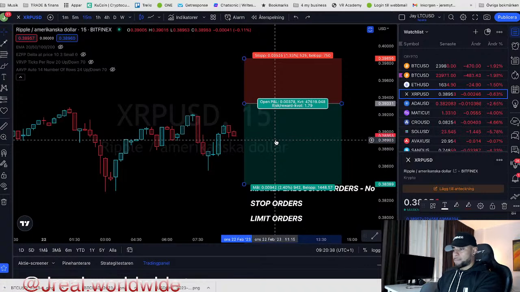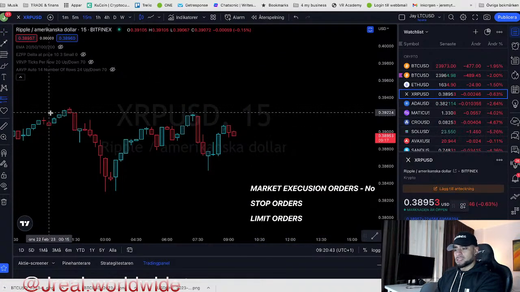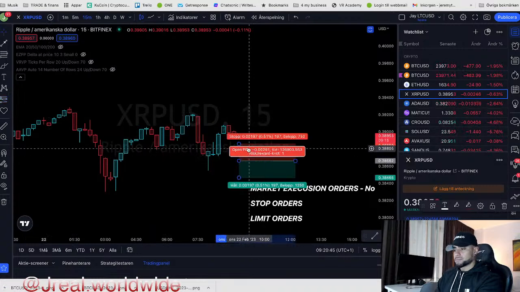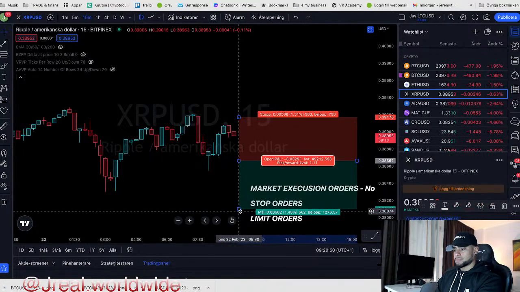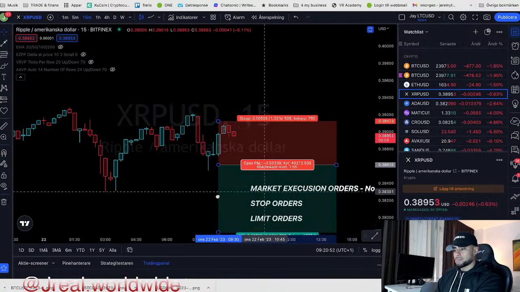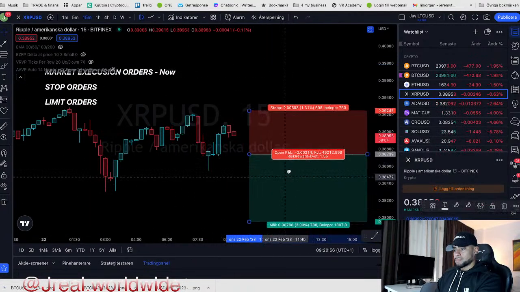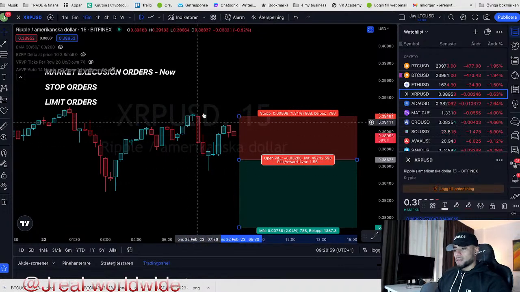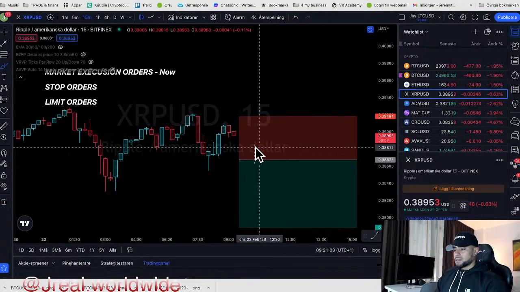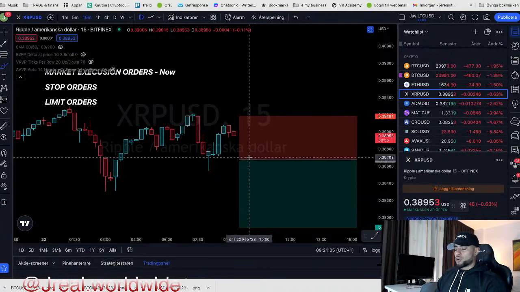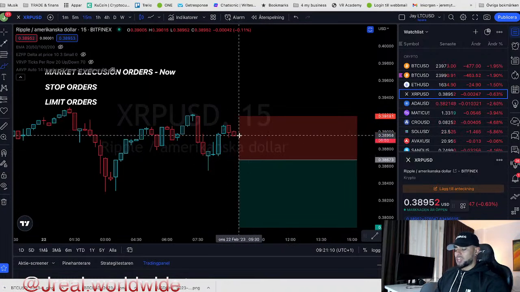What is a sell stop? Sell stop, same as buy stop, but again the opposite. The stop order first and foremost has to be underneath where the market price is right now.